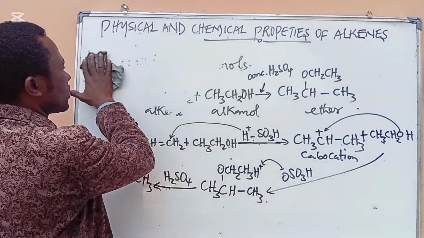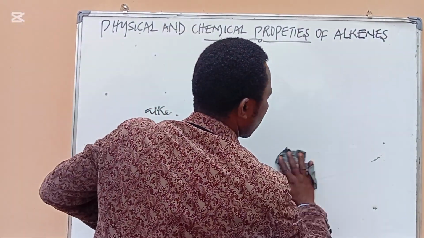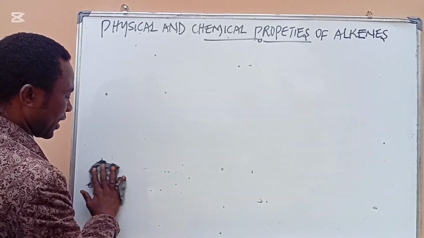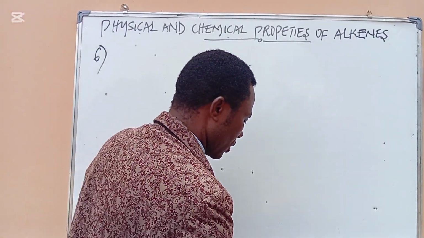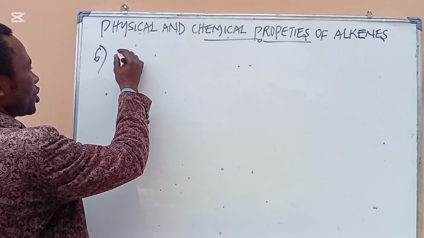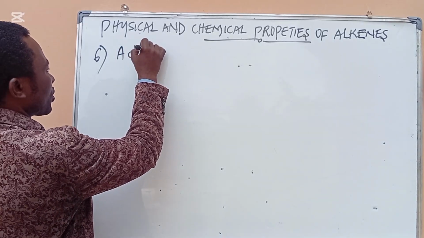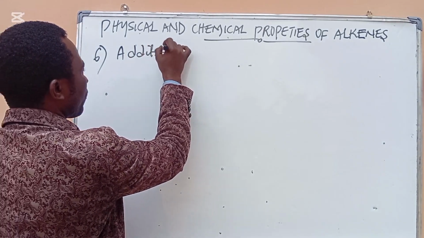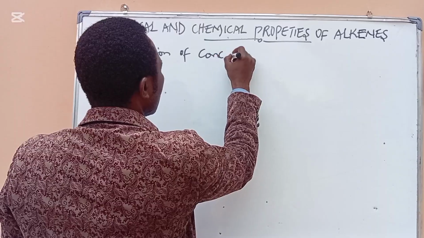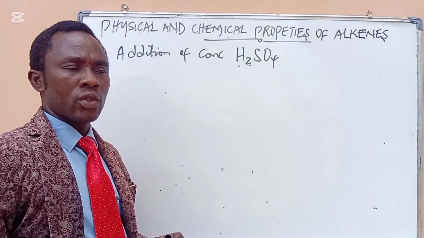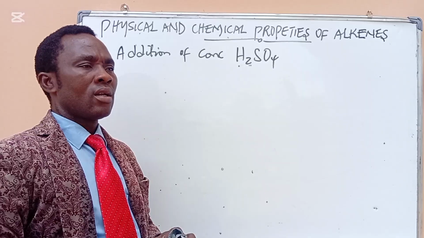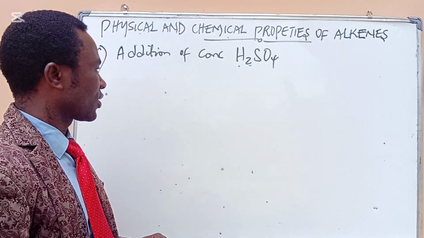Now the sixth reaction of alkenes, number six, is addition of conc H2SO4, that is concentrated sulfuric acid, or concentrated tetraoxosulfate(VI) acid.